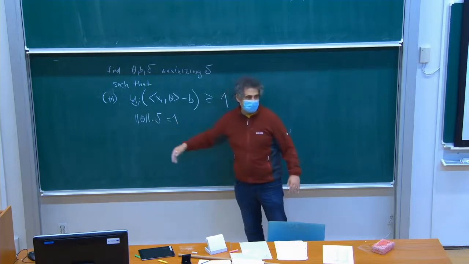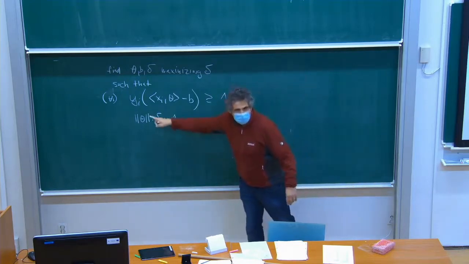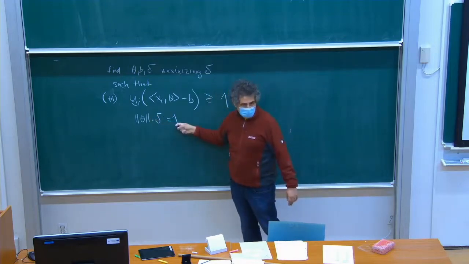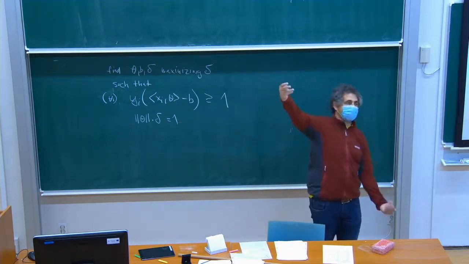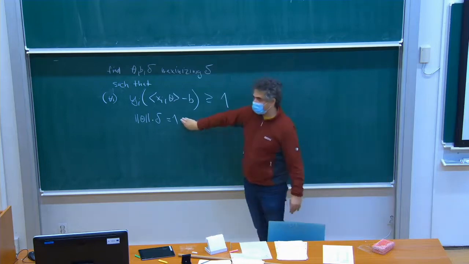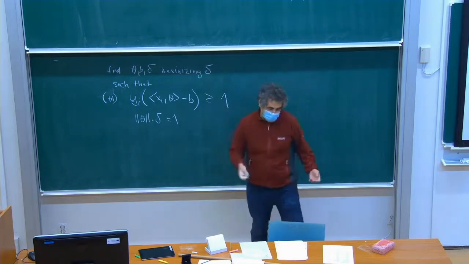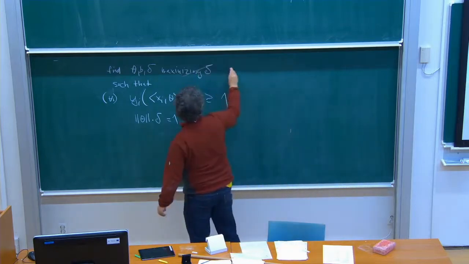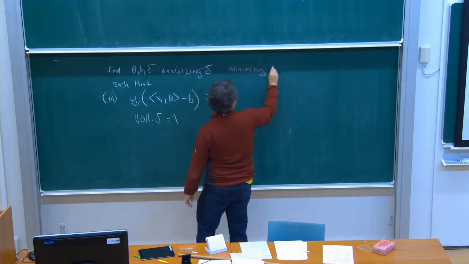If I multiply them together, their multiplication should be 1. So that means that the higher delta I get, the lower theta I should get. So instead of maximizing delta, and it's an equivalent thing, I can say I want to minimize the size of theta.